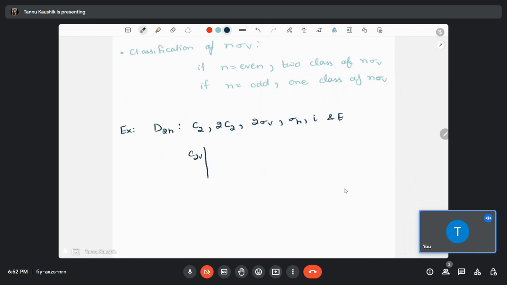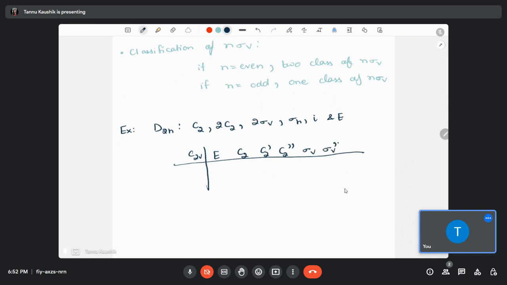So what will be the group multiplication table for it? We'll have E, C2. Since n is even here, we will have this n C2, that is 2 C2, in different classes.